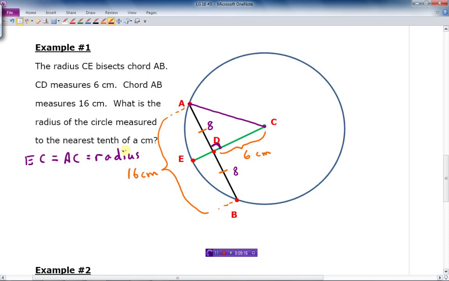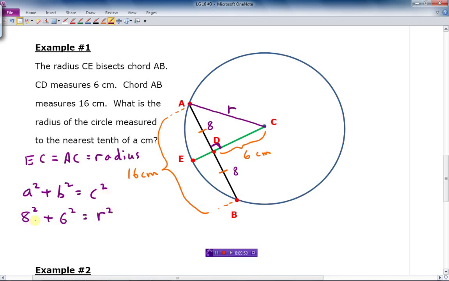How do I find that? Well, it's a right triangle there. I've got two sides, and so I can use Pythagoras' theorem. A squared plus B squared equals C squared. Well, what is A? We can call it 8. 8 squared plus 6 squared equals, well, we can call this R for the radius. So let's just replace that with R. So this is R squared, because R replaces the C. Let's calculate that then.